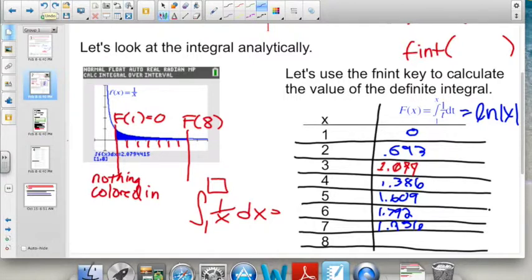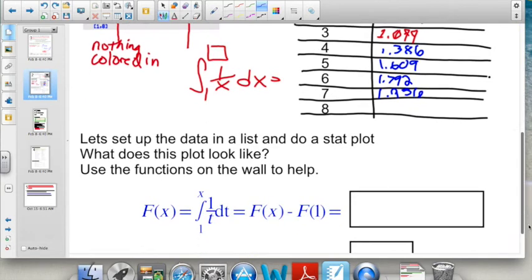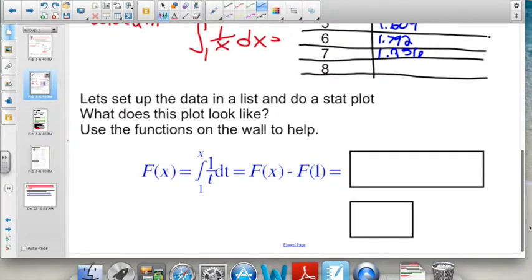So you guys had 1, right? So think about accumulating, starting at 1 and ending at 1. We get 0 area accumulated. So just numerically, we see that this ends up being the natural log of the absolute value of x. The value of that antiderivative at 1 is 0.